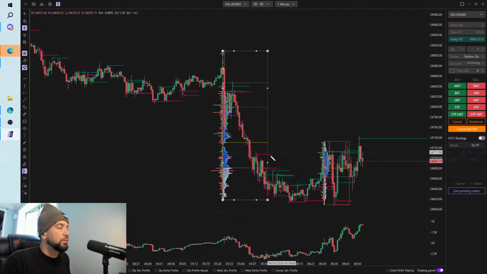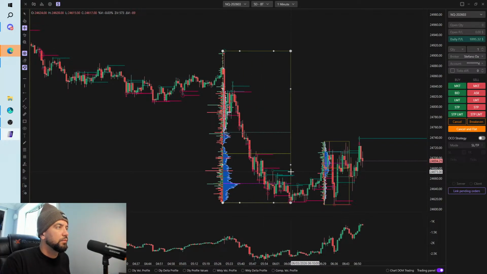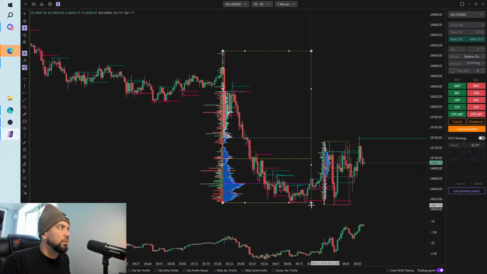So let's mark this range out, and let's mark out the deltas. So you have the biggest areas of cells. Low volume, no, that's where it came to.